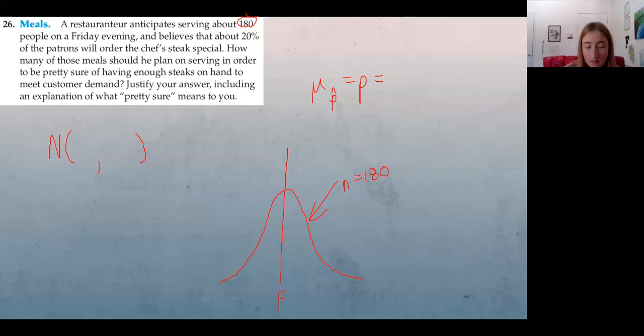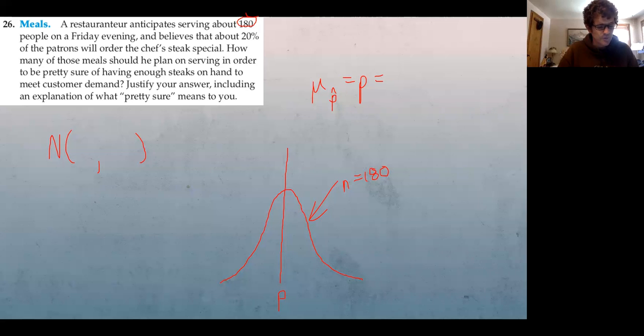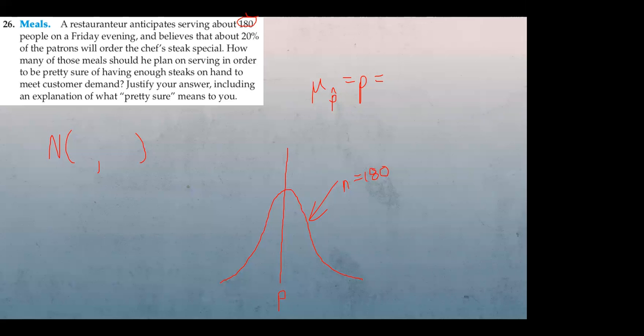Oh, okay, I see. You did the 0.2 times 180. If we were doing means, that would work. We're actually going to be looking at proportions, so that makes it a little easier. So what would we use for the proportion? Is it just 0.2? 0.2, yeah.